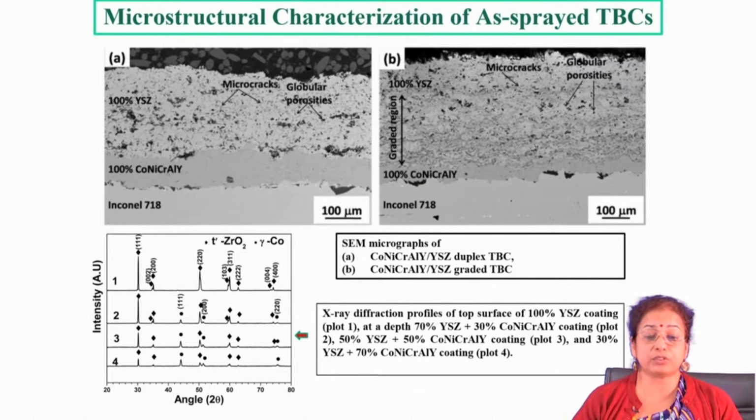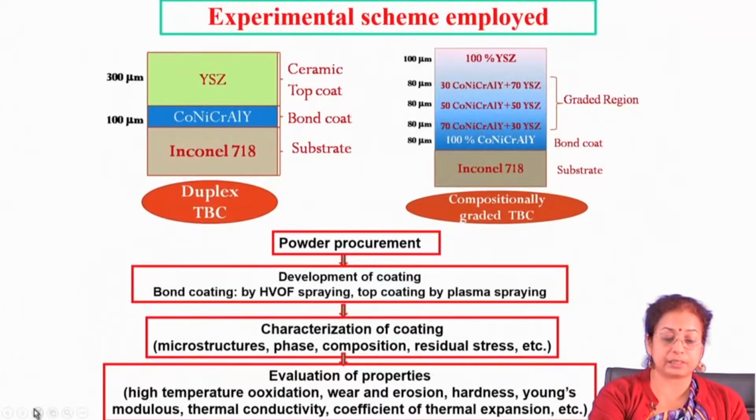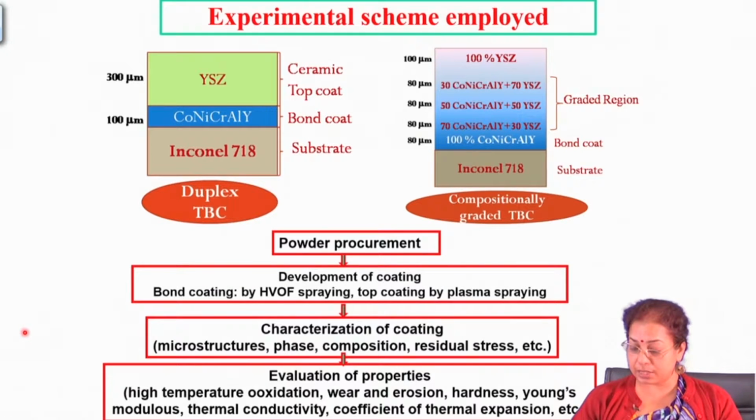If you see the thermal barrier coating microstructure cross section, you will find that this coating contains a lot of porosities as well as cracks in the lateral dimension. Those cracks, as I mentioned, are essential because they act as points of stress relaxation.